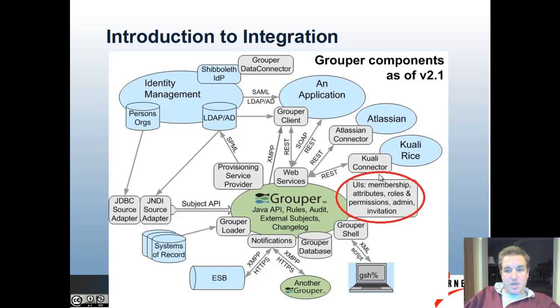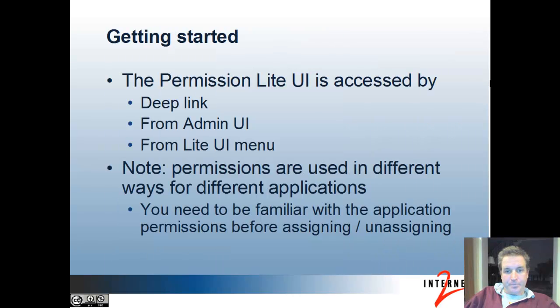So the Lite UI is part of the UIs that are used for Grouper, and the permissions screens are in the Lite UI. The permission Lite UI is accessed by a deep link from another application, from the Grouper Administrative UI, from the Grouper Lite UI menu.